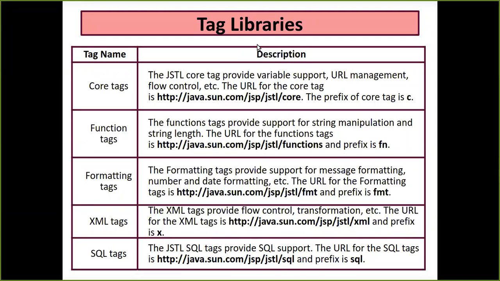That means if you want to fetch information from a specific URL, for example google.com, you can type some word there, find information related to that word, paste any link into the core tag, and have the content from that web page held by one of the variables in your core tag. That is also possible. You can have flow control. That means you can work with if-else conditions, for loops, and while loops. These kinds of iterations, the basic parts of any programming language, you can do with the core tags.